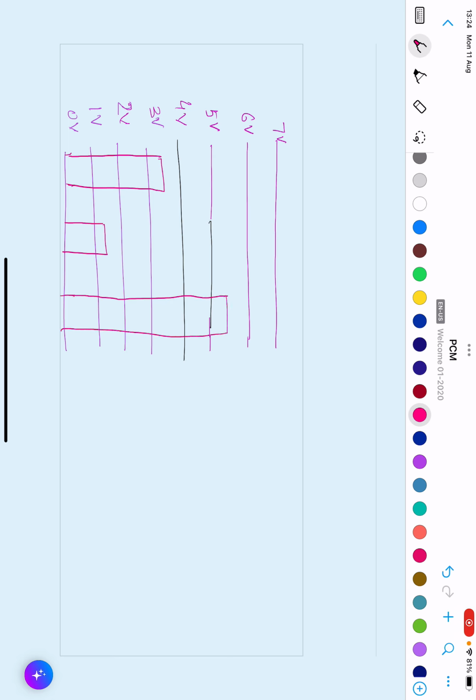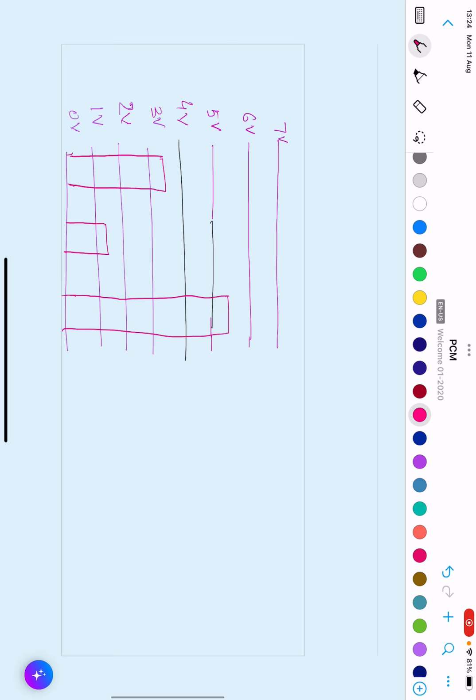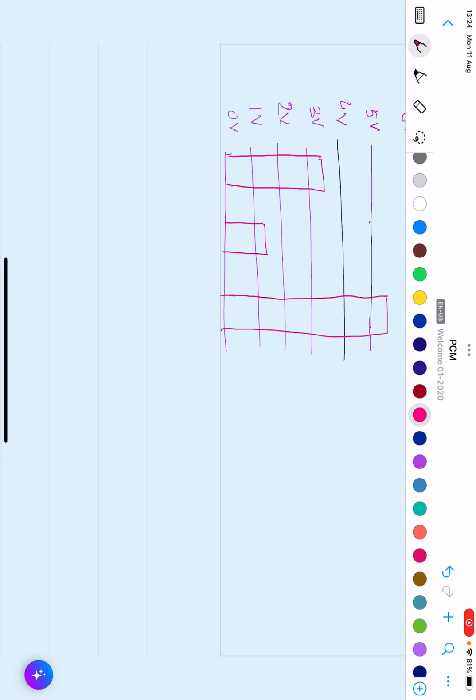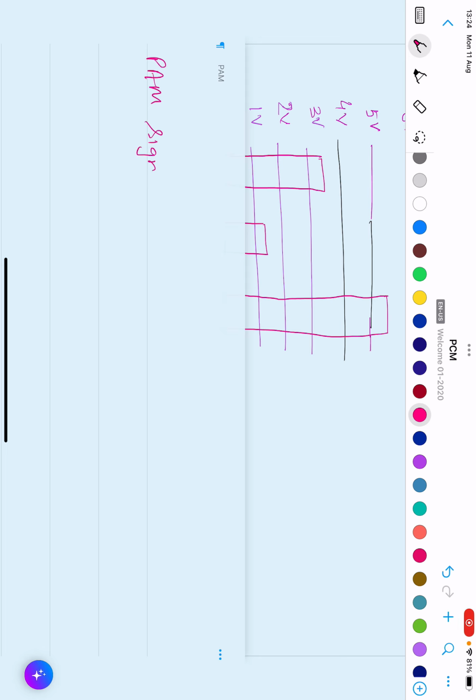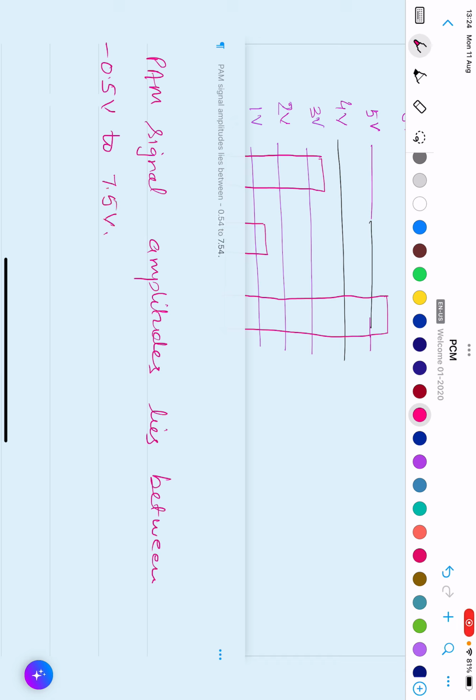Okay, so you can see that, let us assume that the PAM signal amplitude lies between minus 0.5 volts to 7.5 volts.